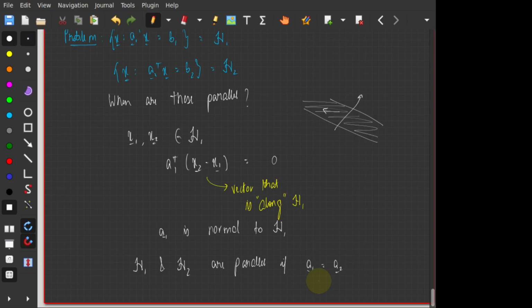So what is the distance between these two hyperplanes? Suppose that A1 is equal to A2, then what would be the distance between these two hyperplanes? The difference of B1 and B2 from the norm of A1. Okay, and why?